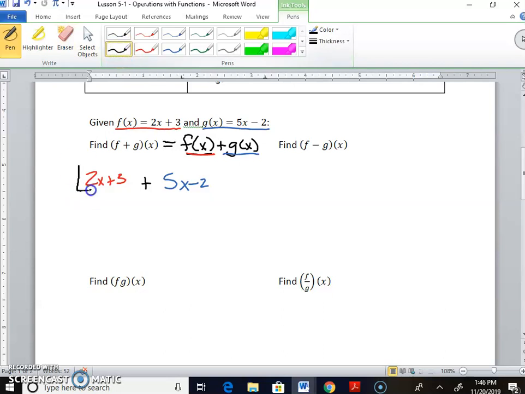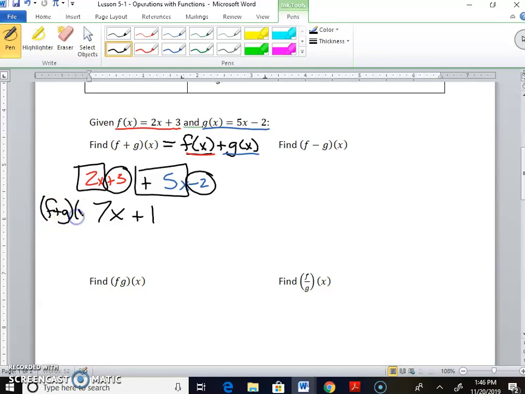So 2x and 5x gives me 7x, and then a positive 3 and a negative 2 gives me a positive 1. So f plus g of x equals 7x plus 1. And that's what we have to do for addition.